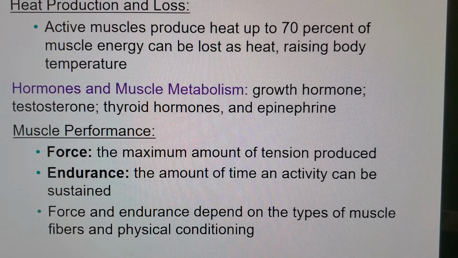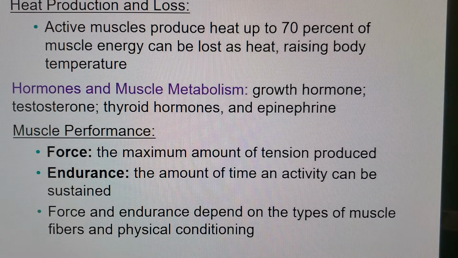Their available testosterone is much lower later in life. Thyroid hormones: the thyroid helps keep everything going in your body, and if your thyroid hormones are low, everything is going to be more frail. You will have less muscle, less everything else as well. Epinephrine also.